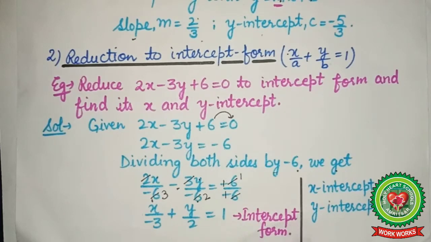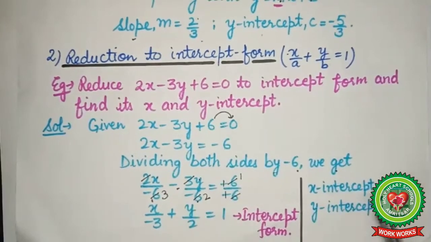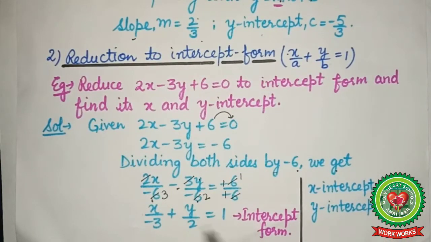This is the intercept form. From here, when you compare, you get x-intercept is equal to minus 3 and y-intercept is equal to 2. In this way, we can find the x and y-intercepts. In this way, we can study how to reduce the general equation into the different forms.